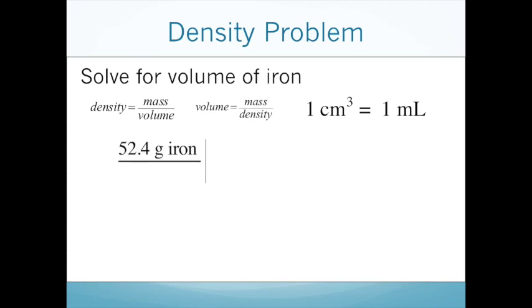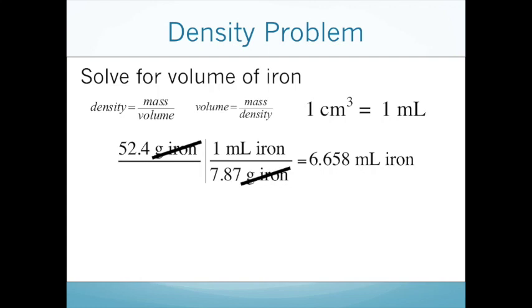So you have 52.4 grams of iron. And we know, because we have been given the density of iron, that 1 milliliter of iron is equal to 7.87 grams of iron. So the grams of iron cancels in this case, leaving us with 52.4 divided by 7.87.